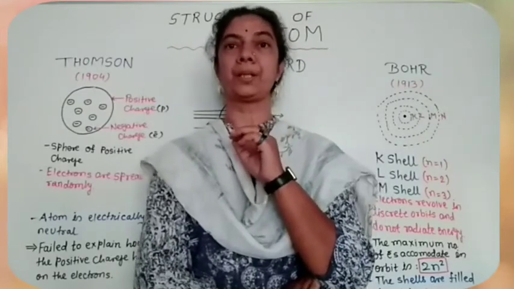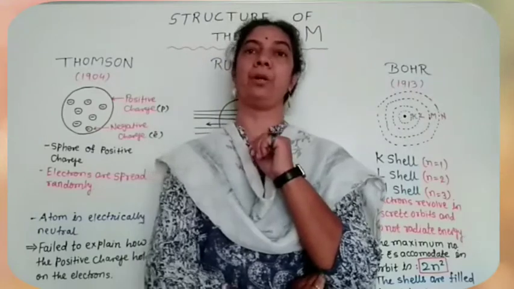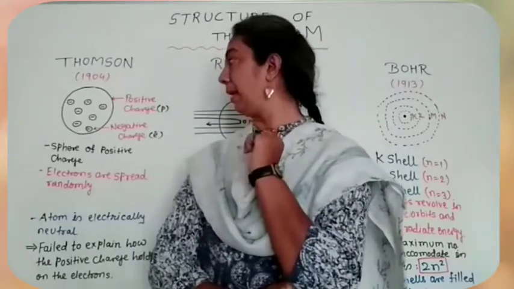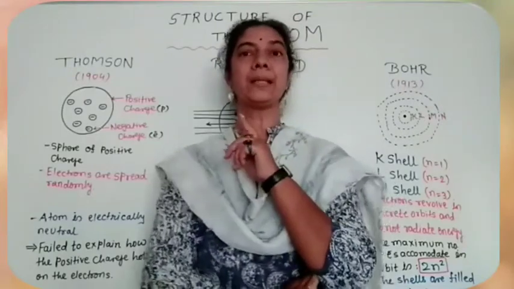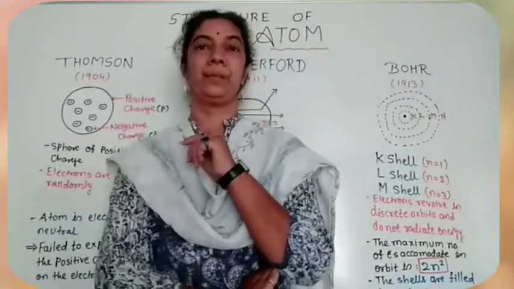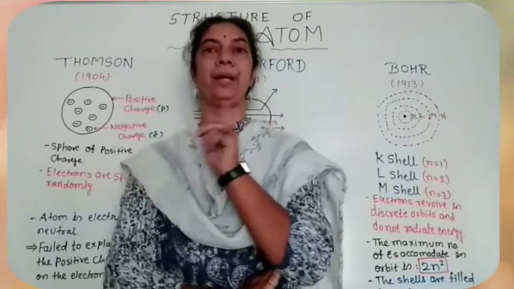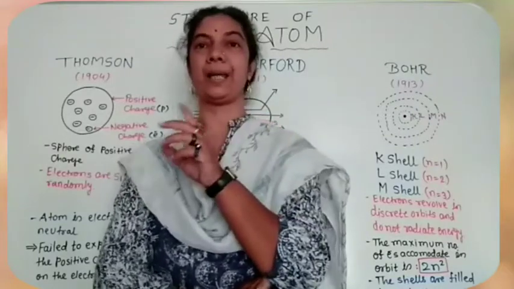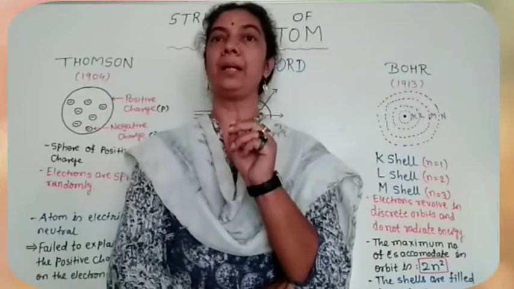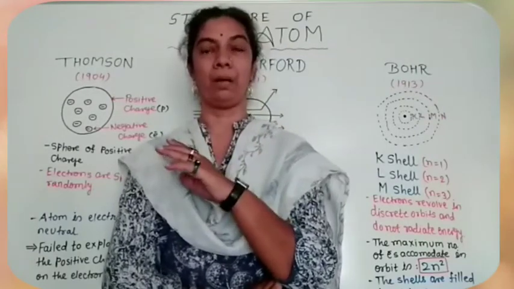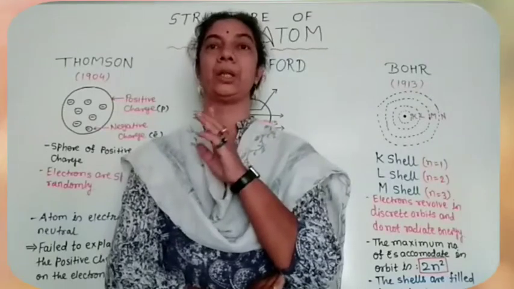The biggest achievement of this model was that he explained that inside the atom the number of positive and negative charges are equal. So electrically, as a whole, the atom is neutral.